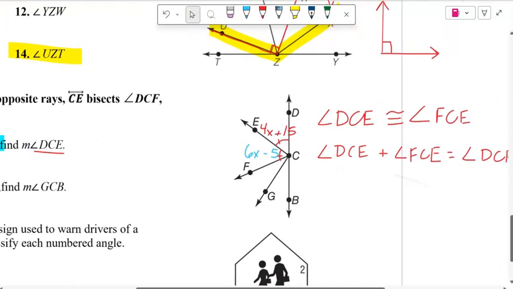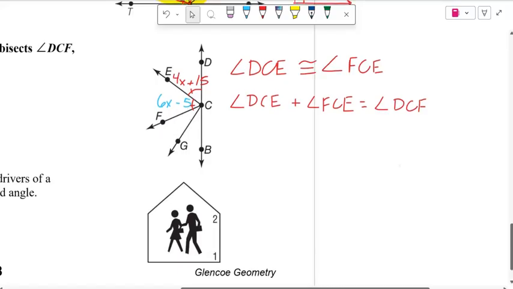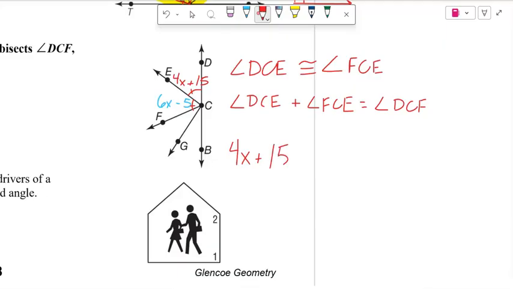So go ahead and do this on your notes, set up this algebra problem here: 4x plus 15 equals 6x minus 5. And again, more than half of the problem is just setting it up correctly.